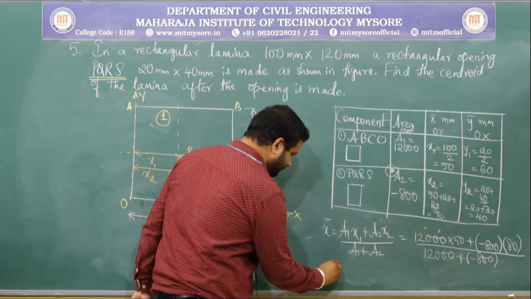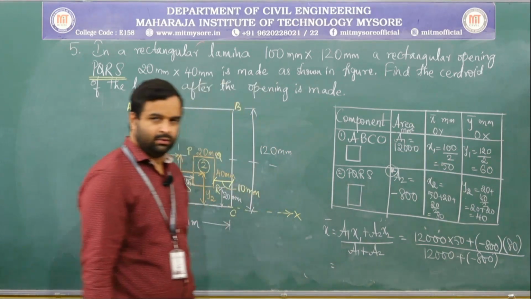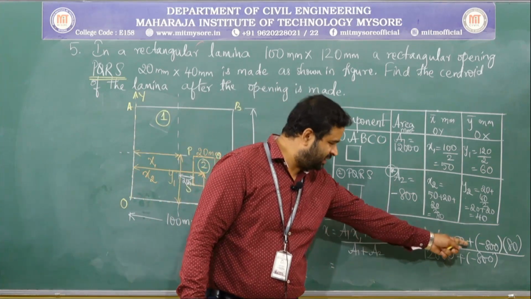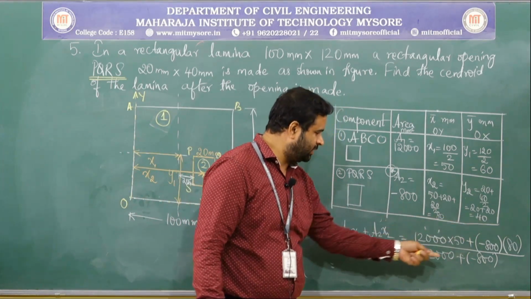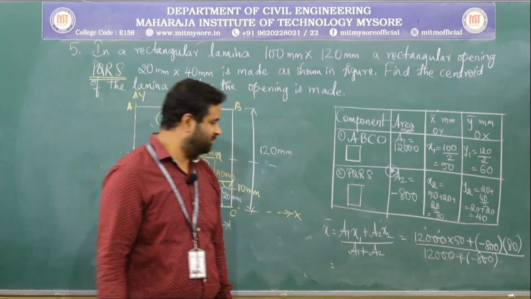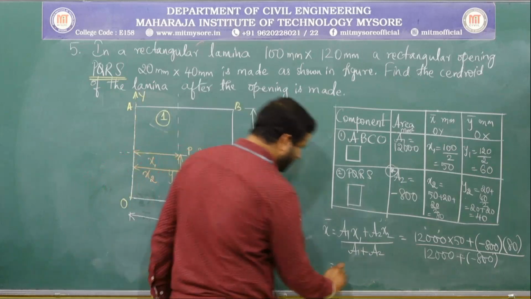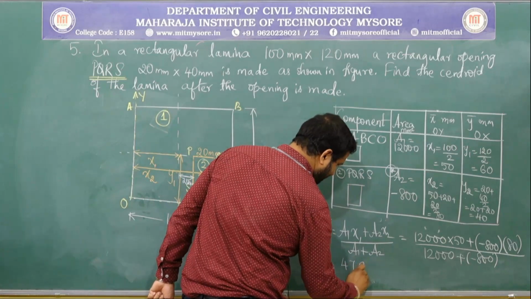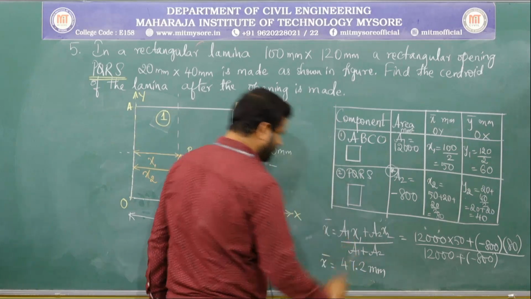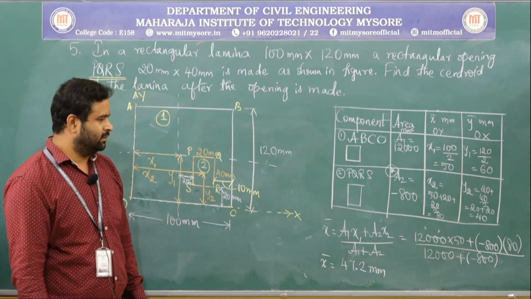So, when you try to divide this, it will be 12,000 into 50 minus 800 into 80 whole divided by 12,000 minus 800, and the answer will be 47.2 mm. So, this is the value of x bar.